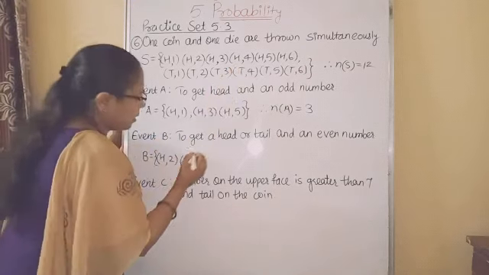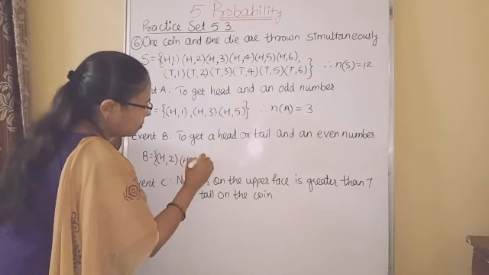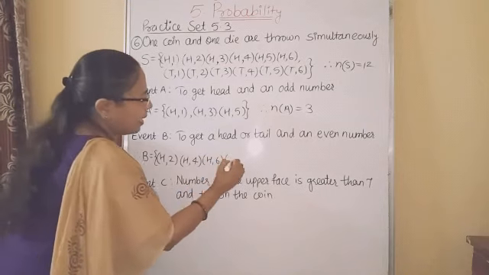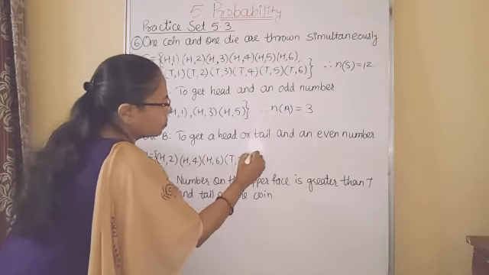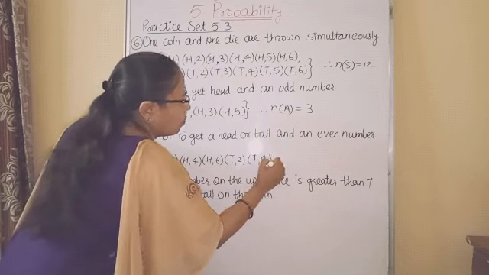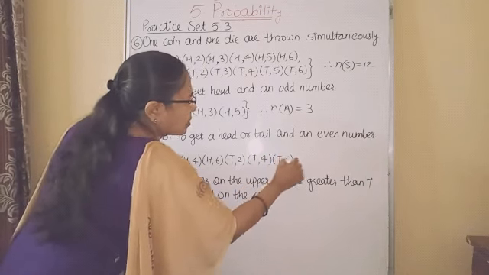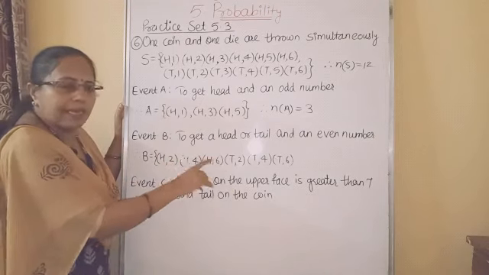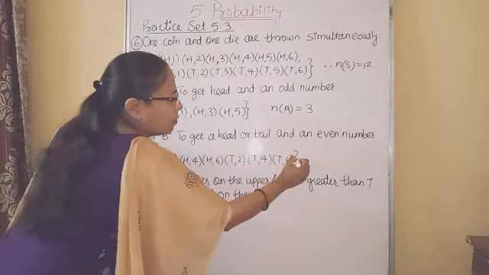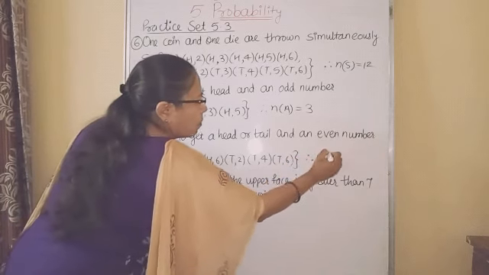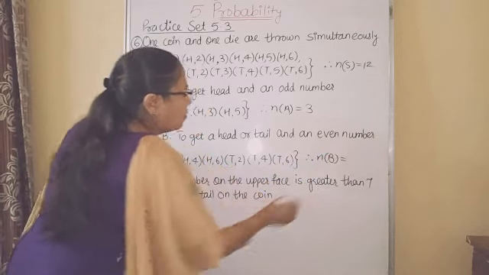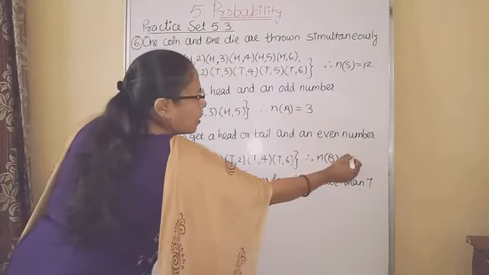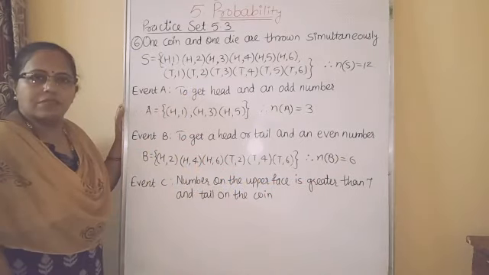The next even number gives H4, H6. Then we will take T2, T4 and T6. Head or tail, but from the die we want only even numbers. Close the bracket. Therefore, n of B is equal to 6.